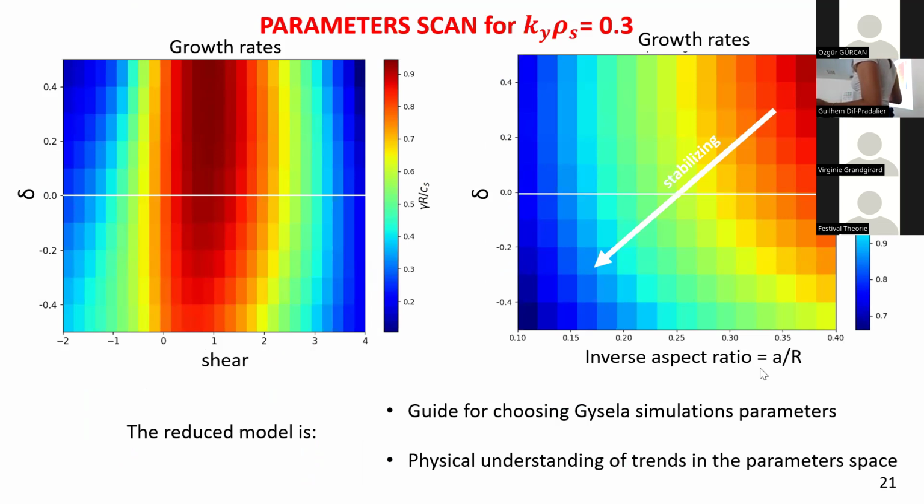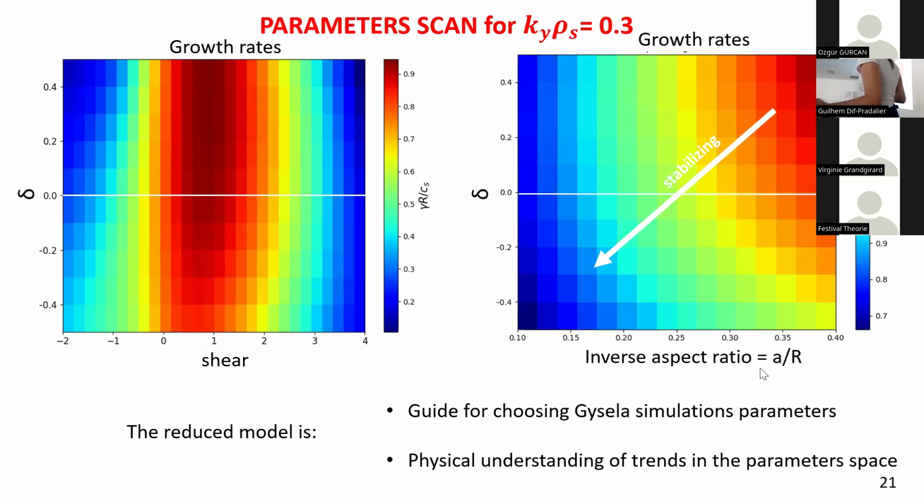You see that indeed we recover a quite not obvious trend here, which is recovered by gyrokinetic simulations as well. And the same for the aspect ratio, where the trend is a bit more monotonic, but okay, we recovered the good trend even here.